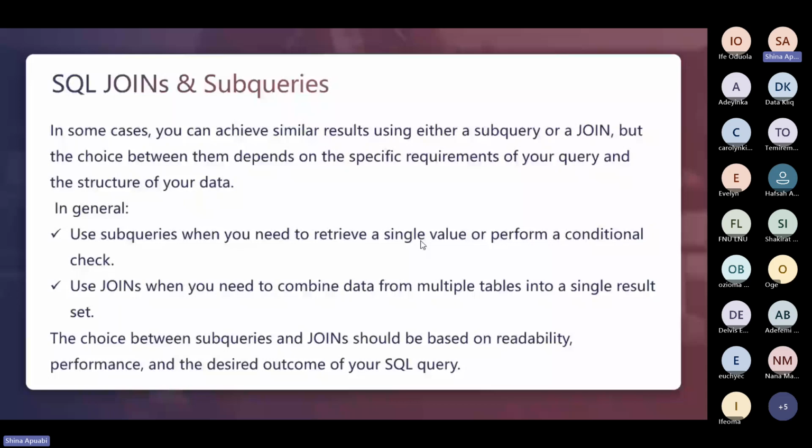In general, use subquery when you need to retrieve a single value and perform a conditional check. But join is when you want to combine multiple tables together. The choice should be based on readability, performance, and the desired outcome of your SQL query.